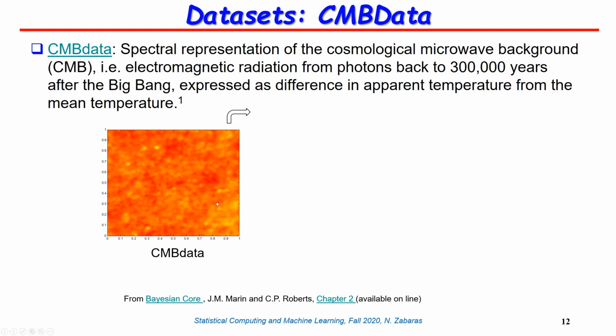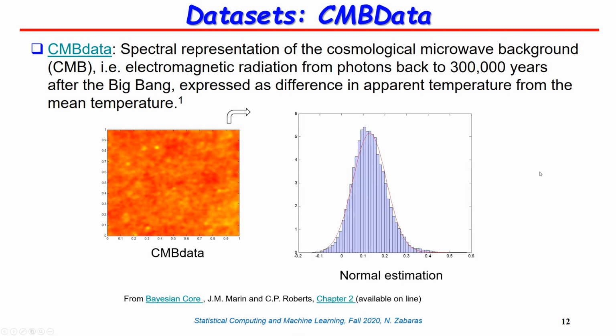Every pixel has a different value of electromagnetic radiation. You can plot those in a histogram, but you can also approximate the distribution with this red Gaussian. The way this PDF has been computed is that we use the data to find the MLE estimates for mu and sigma squared, and then we just plot a Gaussian with those MLE estimates.